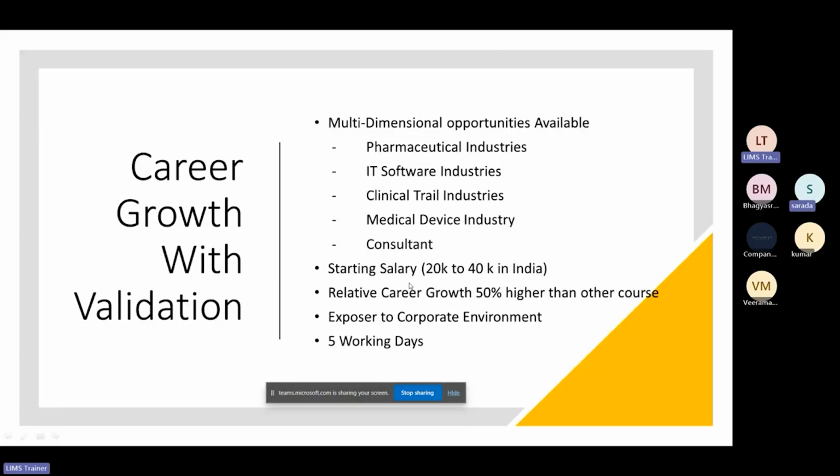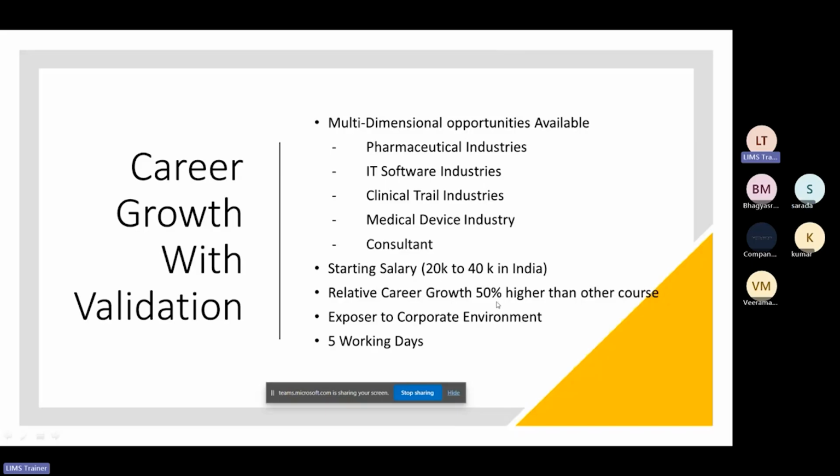So how is this course going to help you in future? This provides multi-dimensional opportunities for you, in the pharmaceutical industry, also in IT software, clinical trial industry, medical device industry, and you can also work as a LIMS consultant. If we consider, near about 20K to 40K salaries are provided in India, and if you enter into it, the growth will be very high.